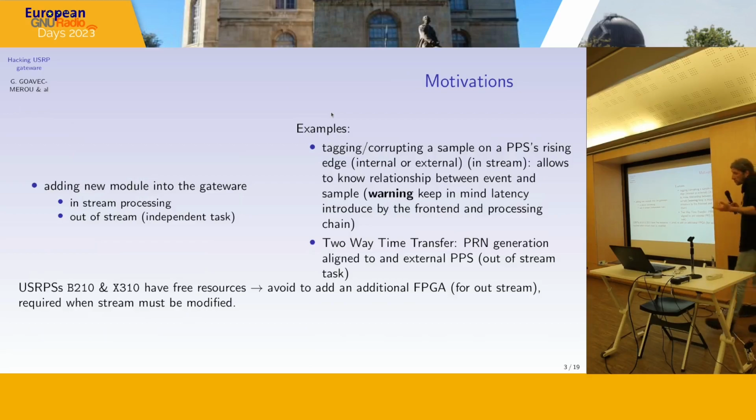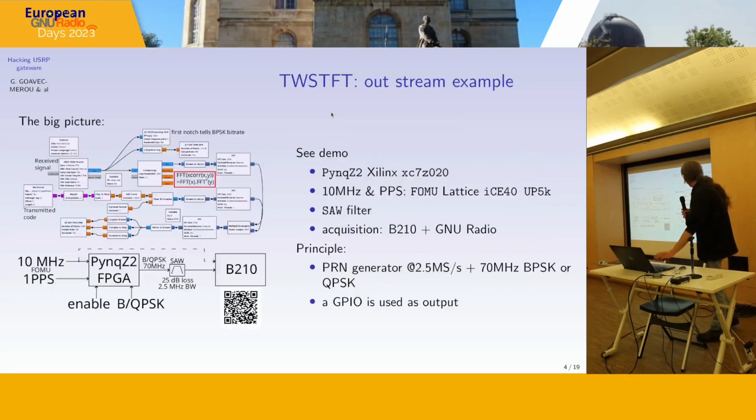The second approach is to add some out-of-stream, so independent task, not in the flow, but in parallel. This demonstration is a two-way, where in the case of the PRN, the X310 contains the RX chain, but also the PRN generator in the same box, instead of having two different boxes or different FPGAs.